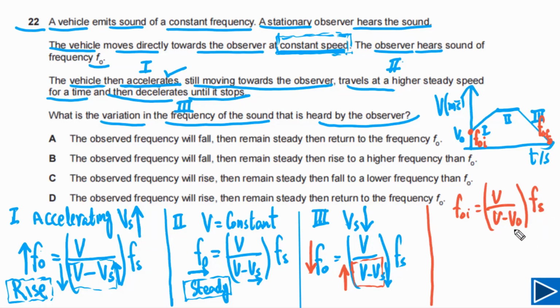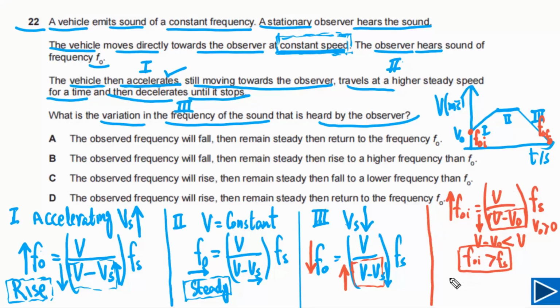In this case, v0 is greater than 0. It means that v minus v0 is smaller than v. As this is smaller than v, f0 i is greater than fs. So the observed frequency is greater than fs.